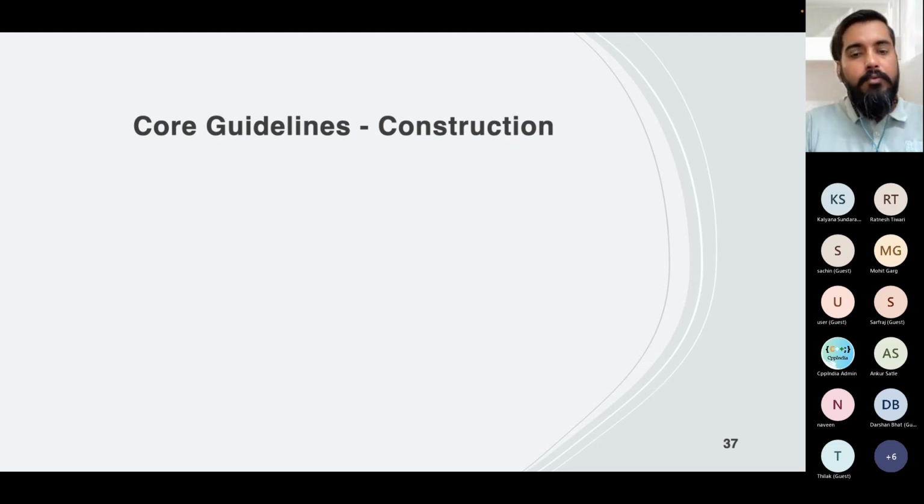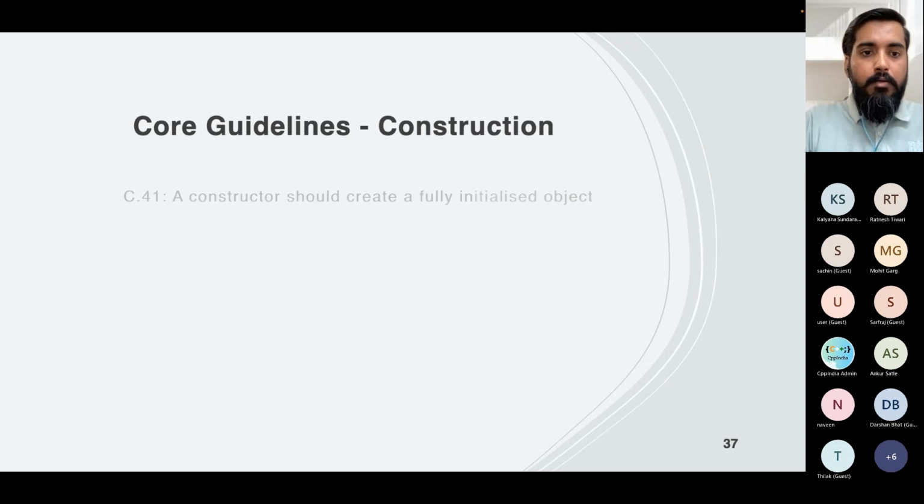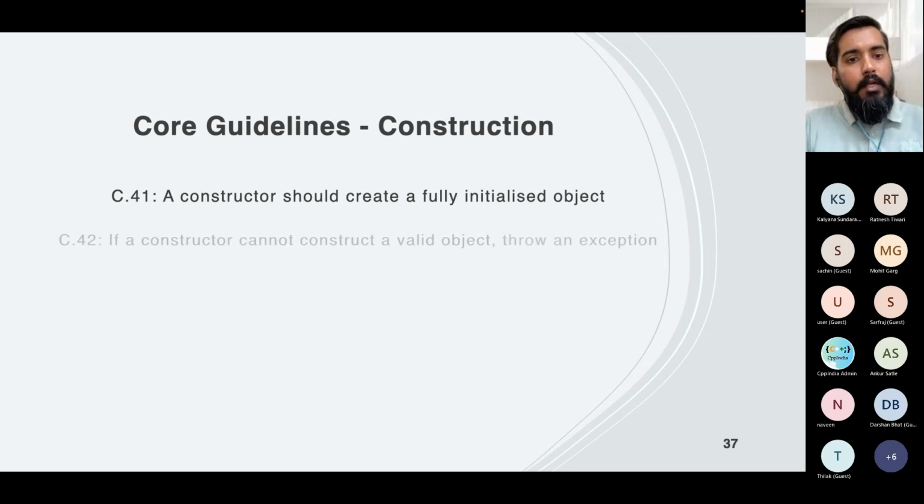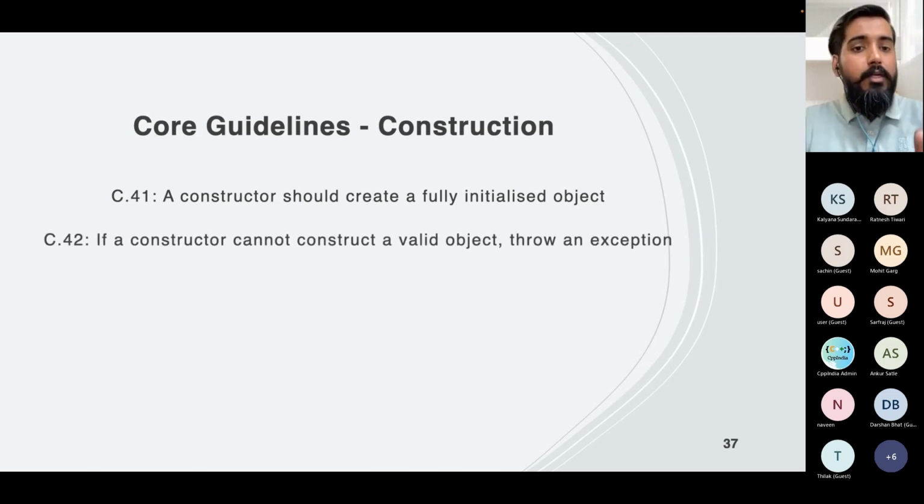So moving to the construction of your object. This core guideline says construct a fully initialized object, and the continuation is that if a constructor cannot construct a valid object, throw an exception.